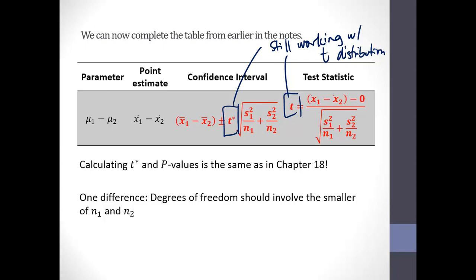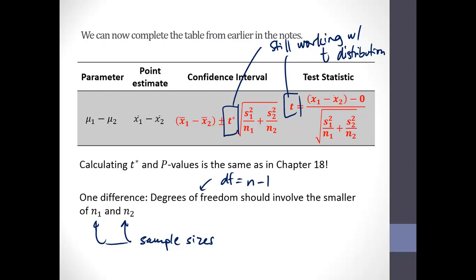Those are our sample sizes. In the first sample we have n1 individuals. In the second group we have n2 individuals. When you're finding the degrees of freedom, remember it was n minus 1.